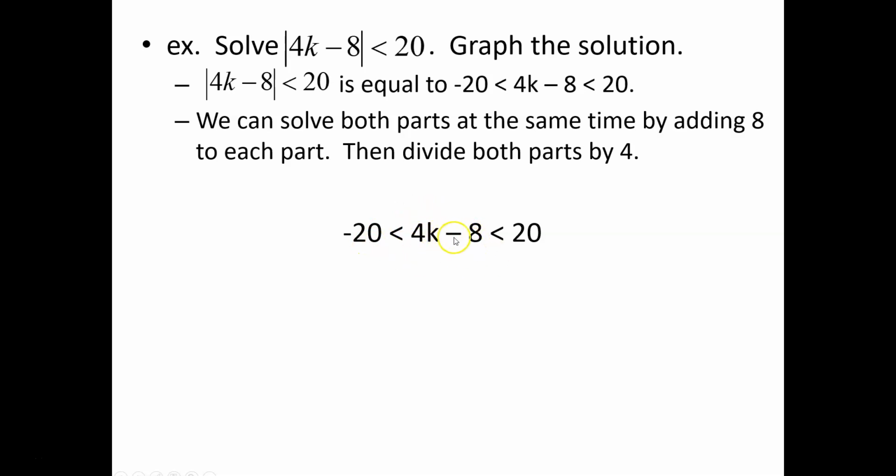Whatever we do to this part, we're going to do to this part and this part. So we add 8 to all three parts. So we get negative 12 is less than 4k is less than 28. Then we have to get rid of this 4, so we divide by 4 on all three parts. And we get negative 3 is less than k is less than 7.